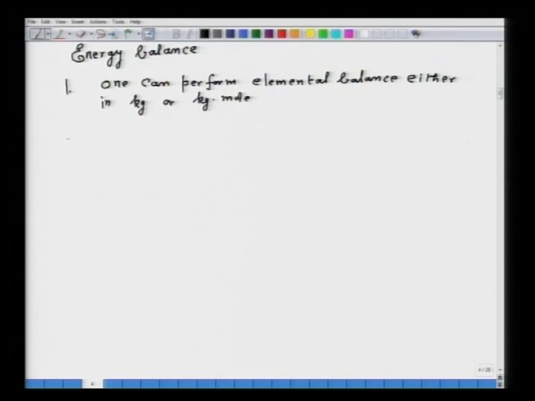Now, once you have done this, then perform heat balance. Needless to mention, heat input is equal to heat output, because we are talking of a steady state. We are not performing heat balance under unsteady state.